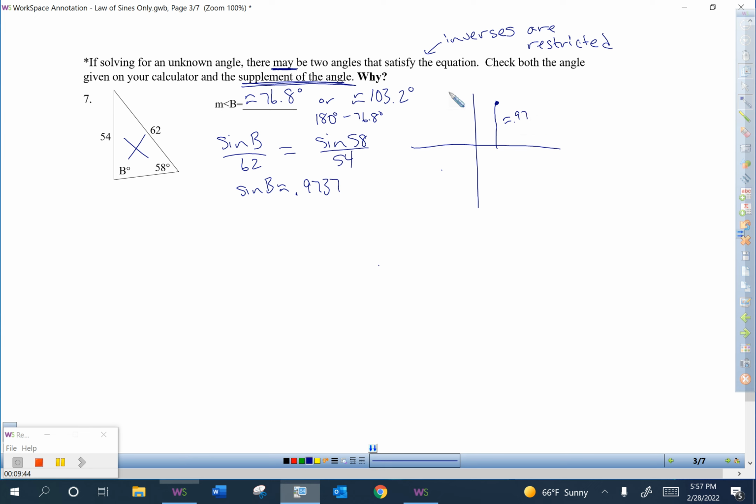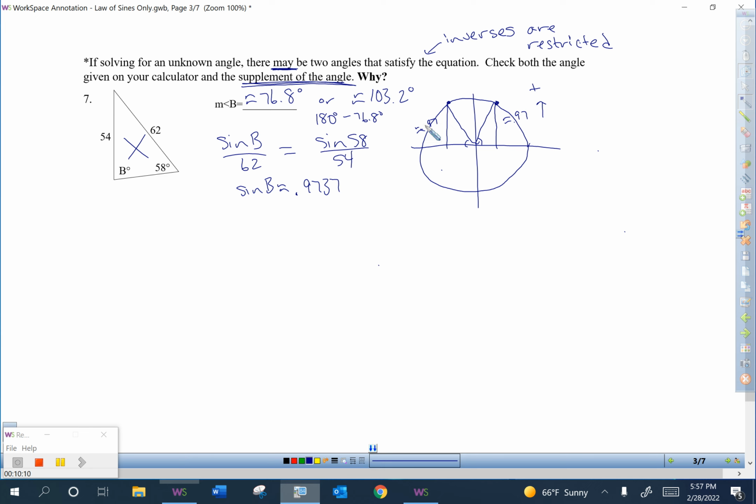Okay? And then 103.2, here's 90, would be here with the same y value. Okay, just by symmetry, thinking on our unit circle here. And these are the same sine values because if we draw in our angles here, they're the same reference angle. Both of them are going up, so they both have positive sine values.